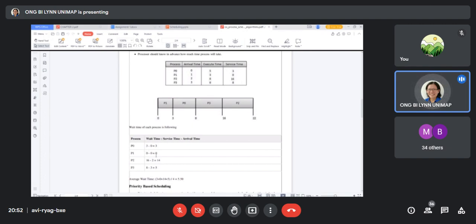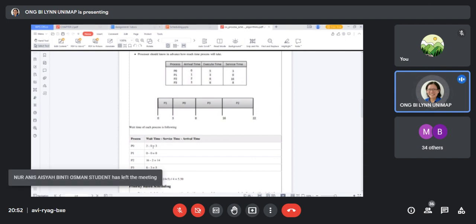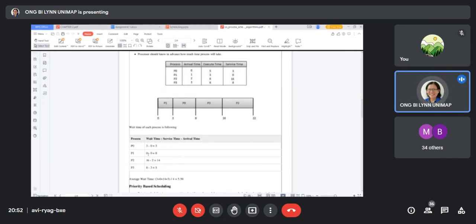Again, the mistake is that P0 equals 0 minus 0 equals 0, and P1 equals 5 minus 0 equals 5. Is it 5? Yes. Alright, so there is a mistake over here. Can you follow? Or are you completely confused?